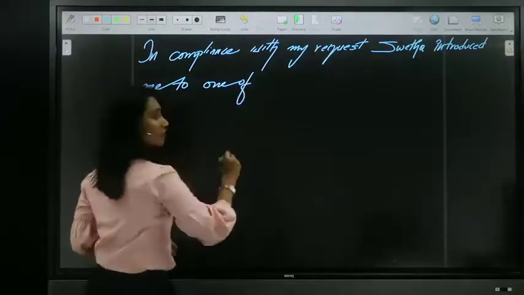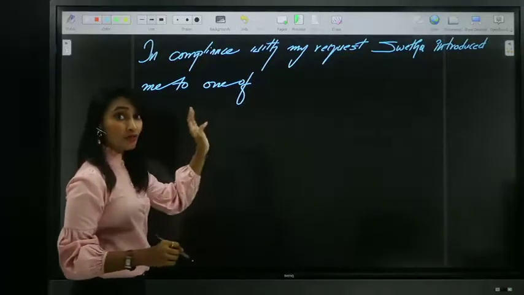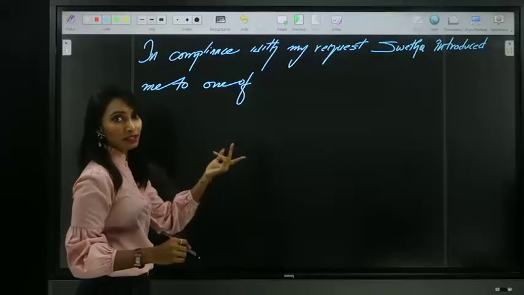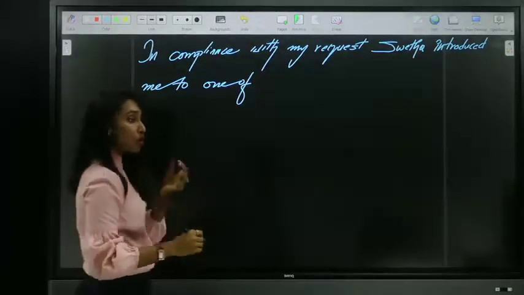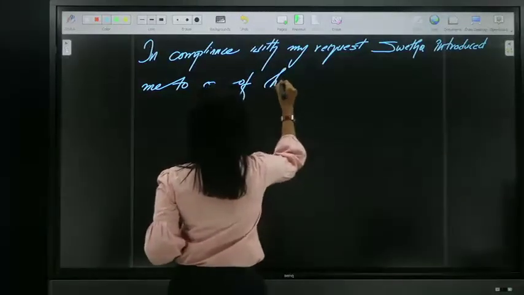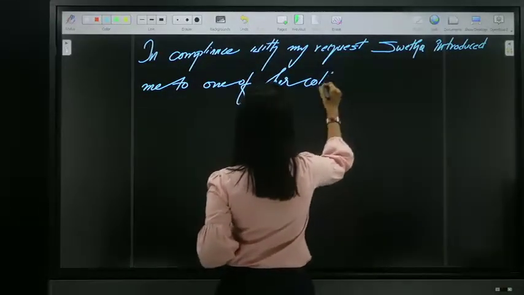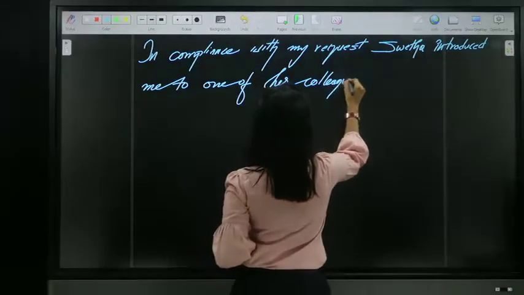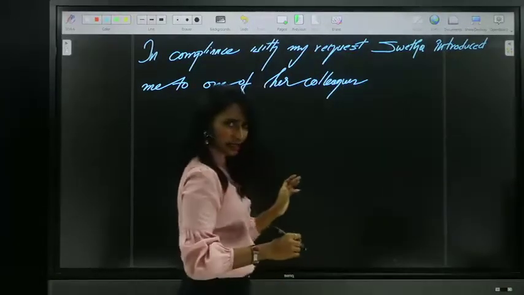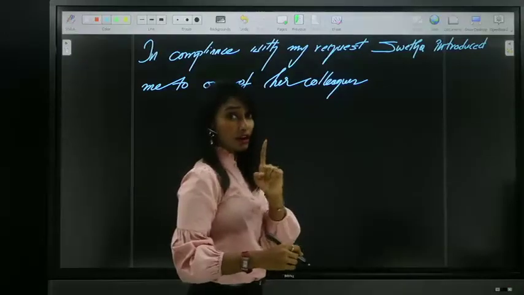Again I'm discussing the one of concept but a different model. "Shweta introduced me to one of her colleagues who is a poet and an artist." She has many colleagues, but we are talking about one of many.